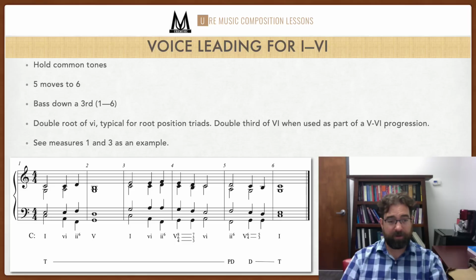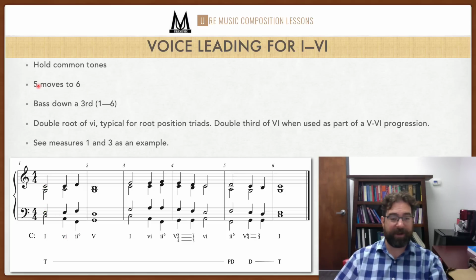So let's talk a little bit about the voice leading when moving from 1 to 6. If we look at our first measure, we have a 1 chord right here moving to a 6 chord. Notice how you're going to be holding the common tones. So in this case, the E holds over and the C holds over because these two tones are common with the 6 chord.